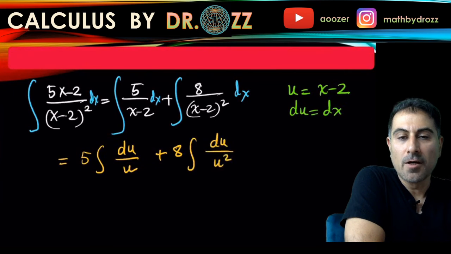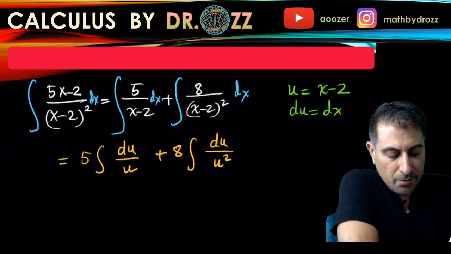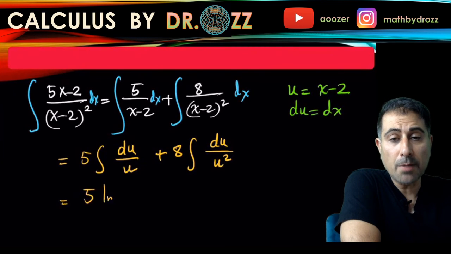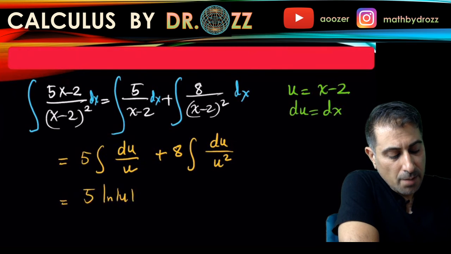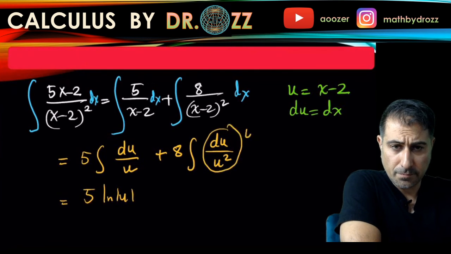Okay. One is a special type of integral. It's 5 ln|u|. And for the other one, we're going to use the power rule for integration because this is equal to u to the minus 2 du.